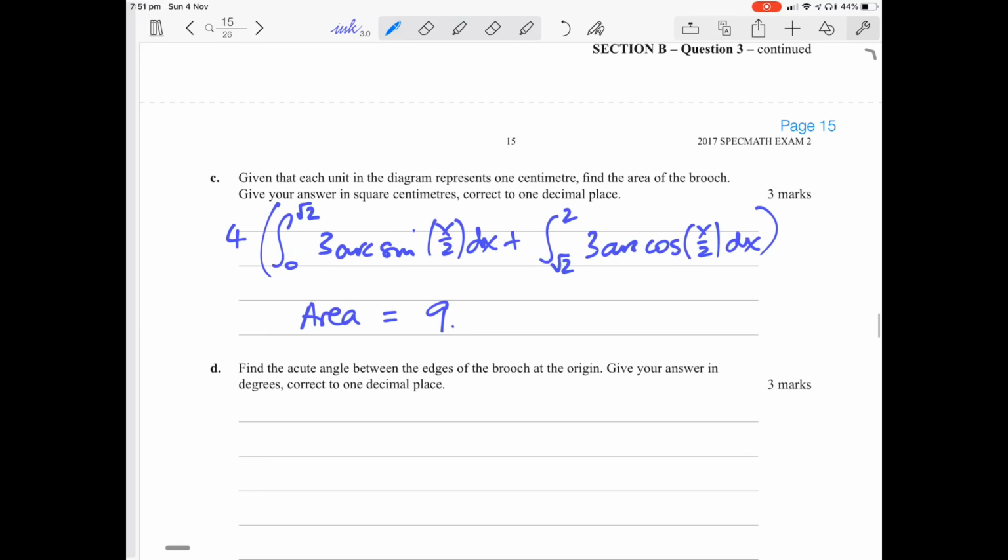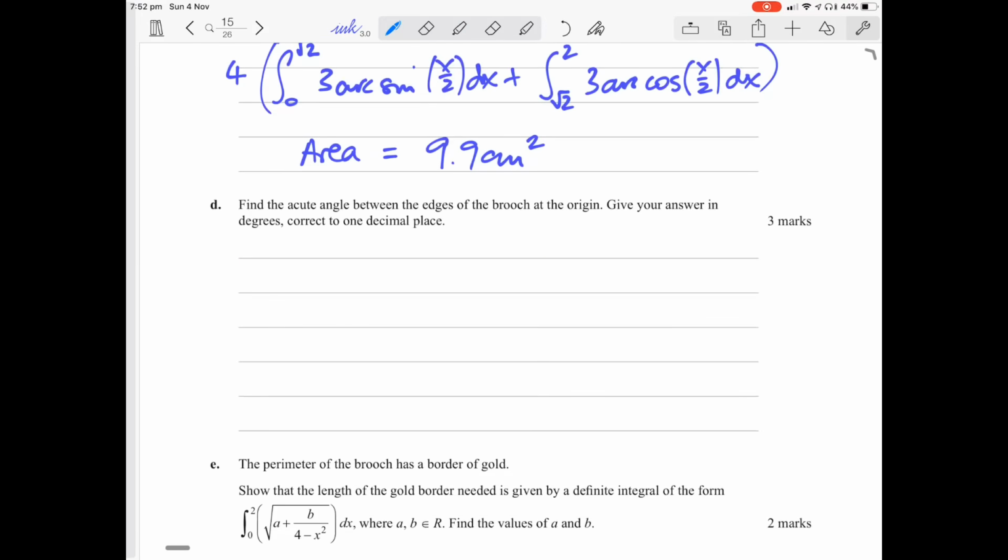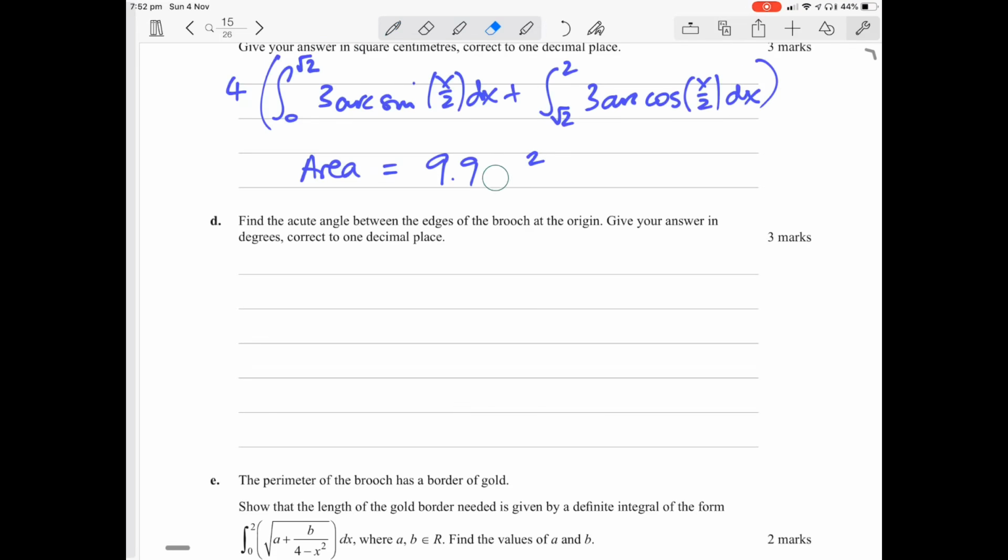Is it in centimeters? I think it is centimeters squared. Don't need to put centimeters squared because it says give it in that unit.